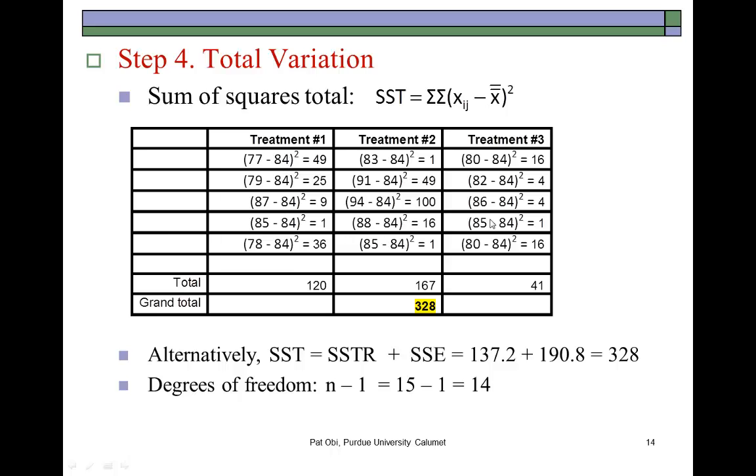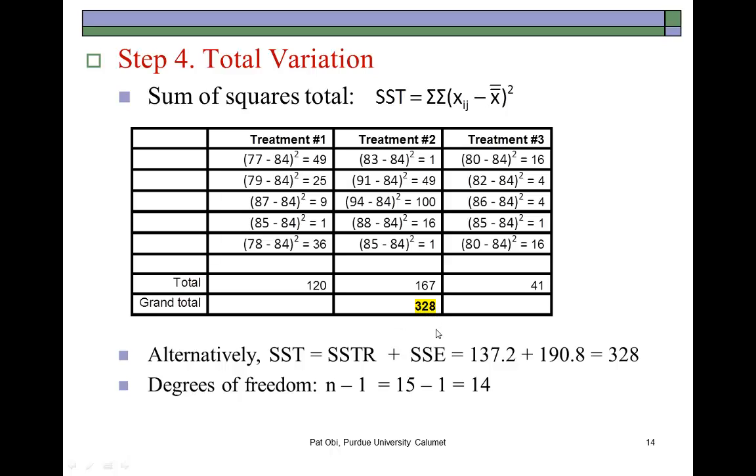Then you square the differences, which provides these results for treatment 1, treatment 2, and treatment 3, you add them all up and you get 328.